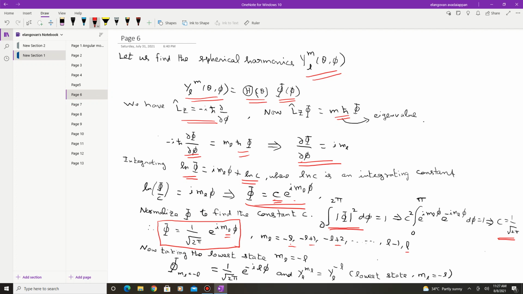The lowest state is m l equal to minus L. Then the value of phi is 1 by square root of 2 pi e power, instead of m l you put minus L, i phi. So you choose minus L for m l, and the function becomes like this. So Y L, the lowest value, is with m l equal to minus L. This is the lowest wave function.